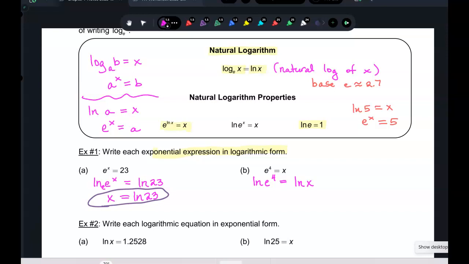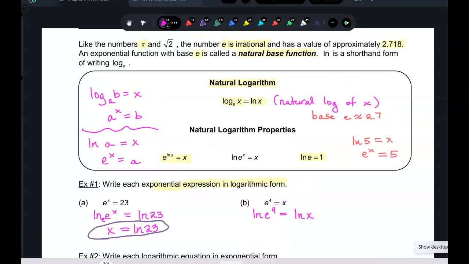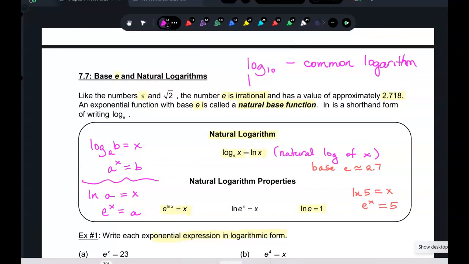So as soon as we write natural log, that just means it's a logarithm with a base e, like a logarithm with about 2.7 as a base. But we don't want to put 2.7. We're going to use e because we're going to use e to evaluate these expressions.